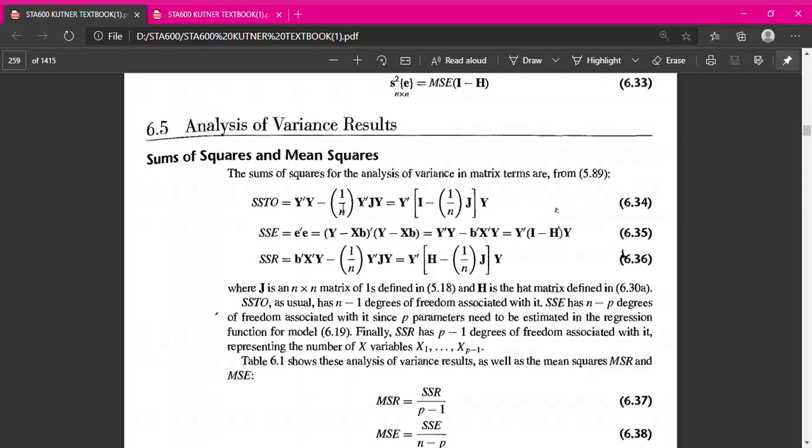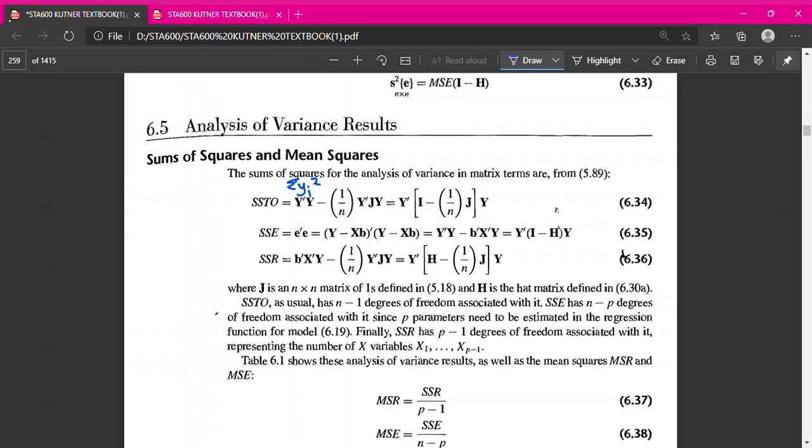And you also know that y transpose y is the summation of yi square. You have learned this before. This part is also the summation of yi square. So n here is the number of observations, or the sample size.